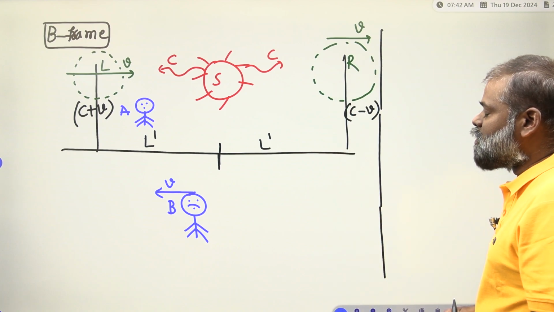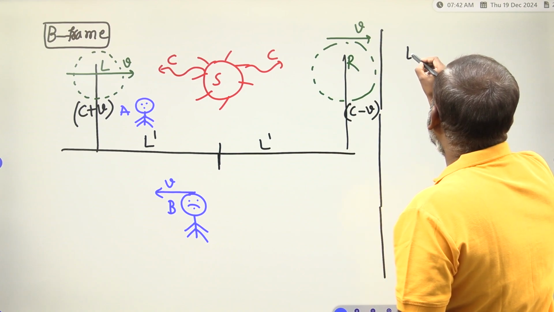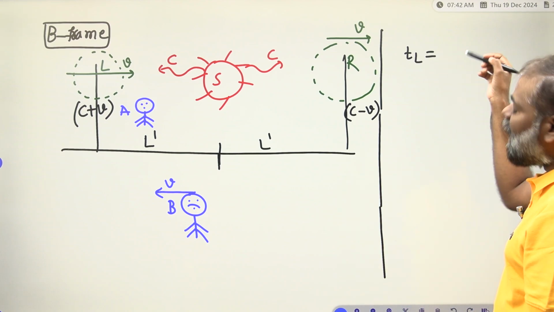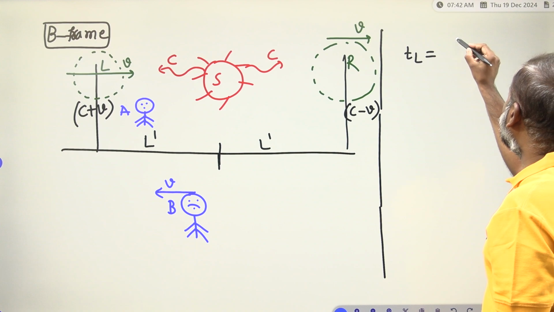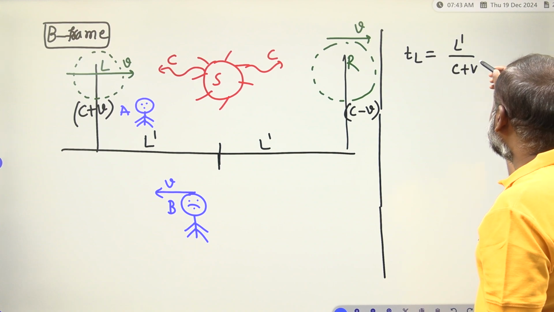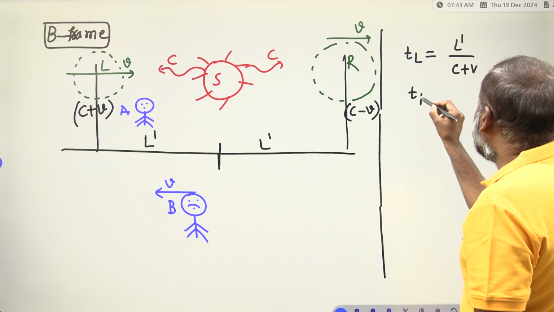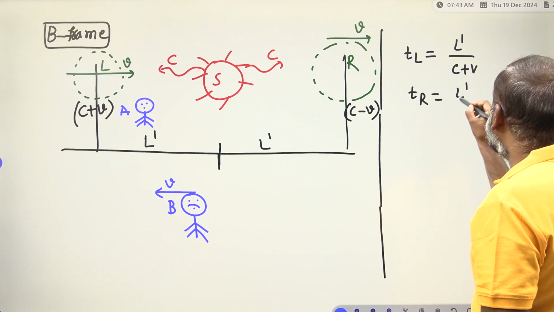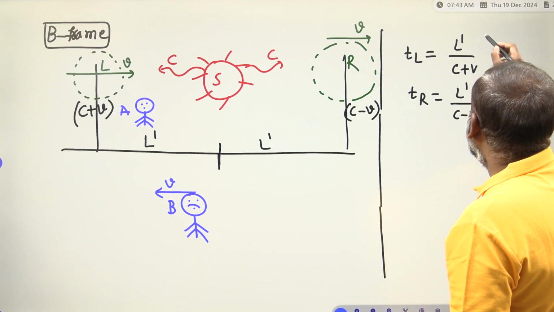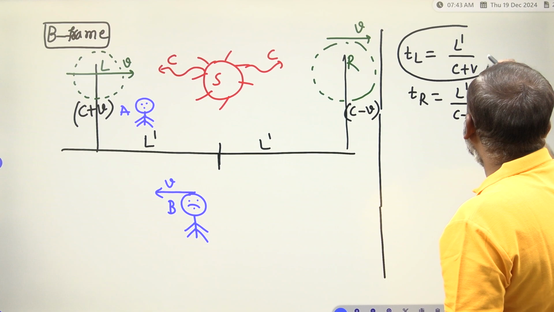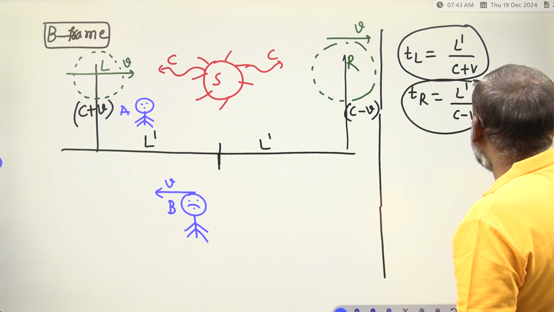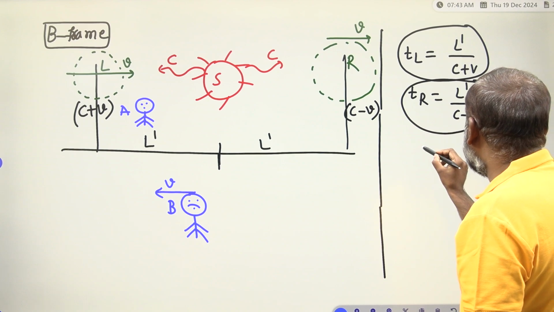Now, observe the time taken for the left side of the system: L dash divided by c plus v. The right side is equal to L dash divided by c minus v. Now you have to observe that this one is not equal to this one, because here c plus v is there, here c minus v is there.